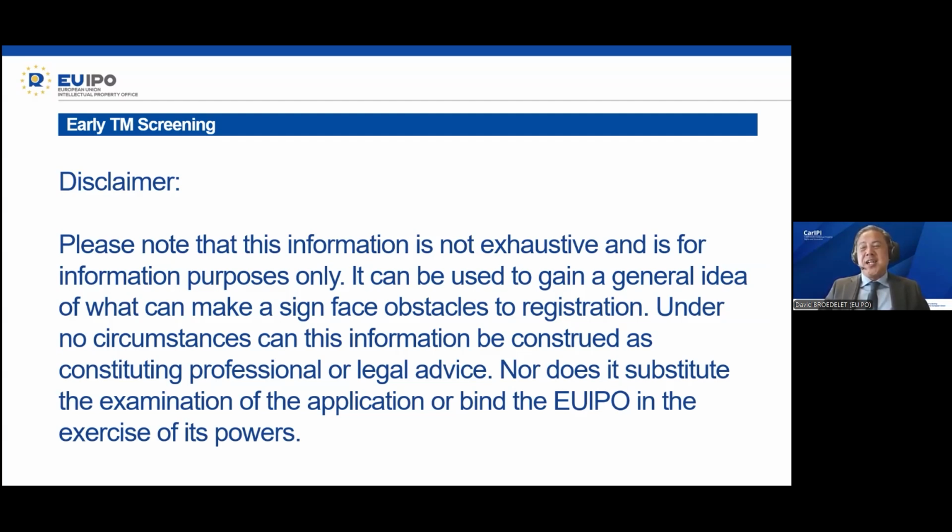So they cannot say, I've used your tool, and according to your tool, there is not a conflict with anything, so I can register my trademark. The disclaimer is this, that any information that is there is only there for information purposes. So it's for the applicants to have a general idea if the trademark application is successful.